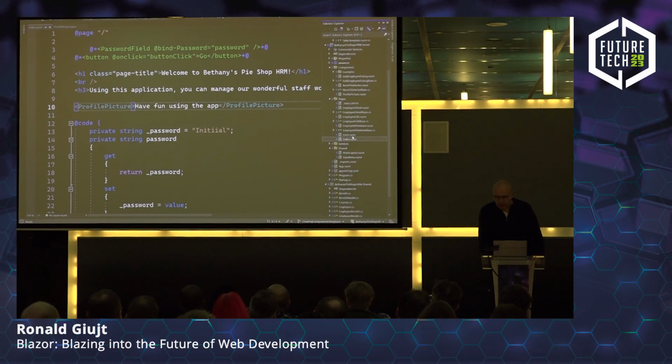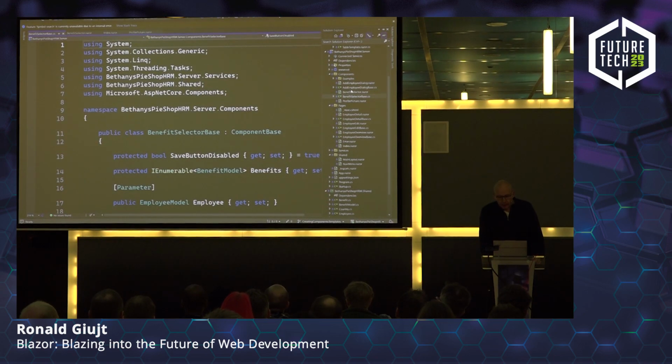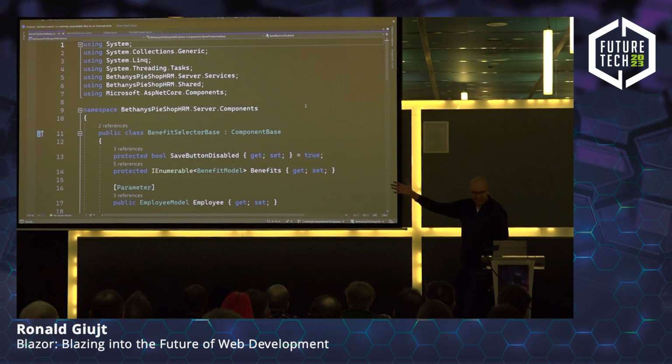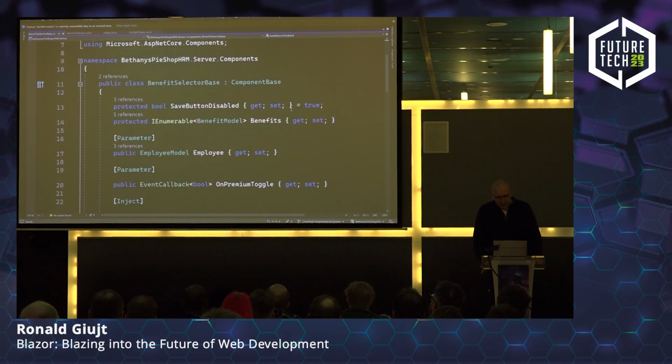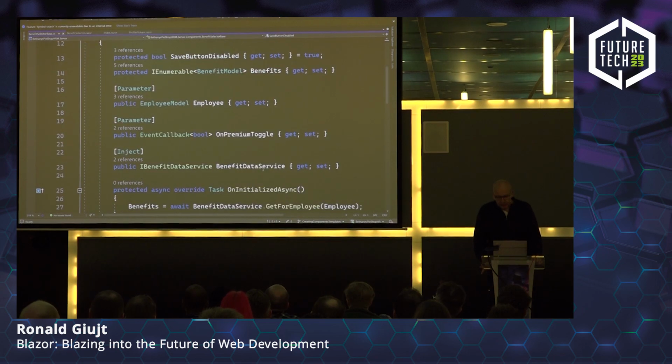We go to the benefit selector component here. And I called it benefit selector base here. That's probably a better name, right? Yeah, benefit selector base. And you can see it has a parameter employee. And it has this benefit data service, all the same stuff here.